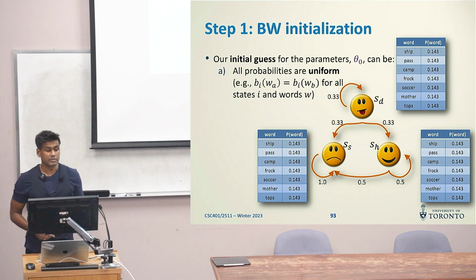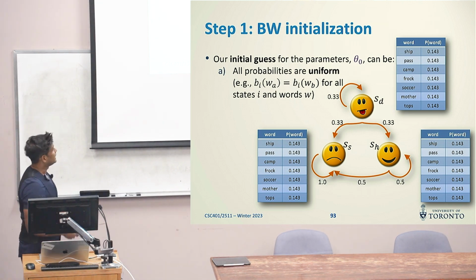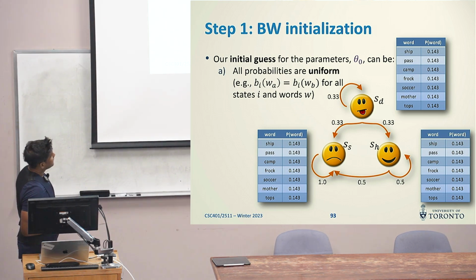The first step is Baum-Welch initialization. There are a few possible ways you can initialize the initial theta 0 parameter. It could be just a uniform probability distribution, where, as you can see, all of them have the same probability.